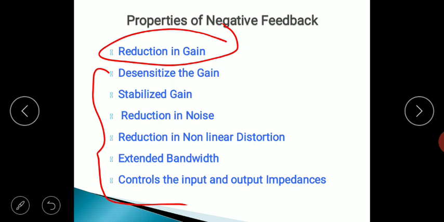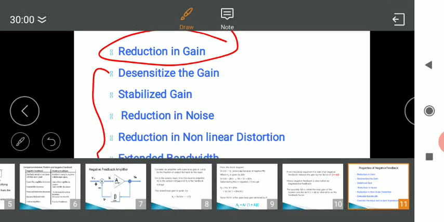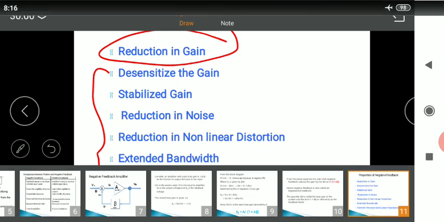Then we discussed the comparison of positive and negative feedback, and the block diagram of a negative feedback amplifier, and using the block diagram we derived the expression for the voltage gain of a negative feedback amplifier, and showed that negative feedback decreases the gain of the amplifier. And lastly we listed out the properties of the negative feedback amplifier.